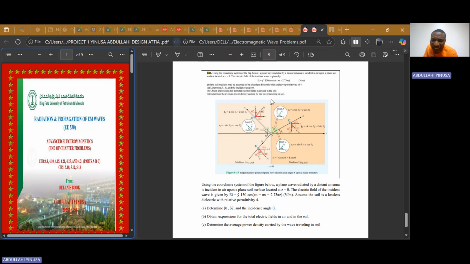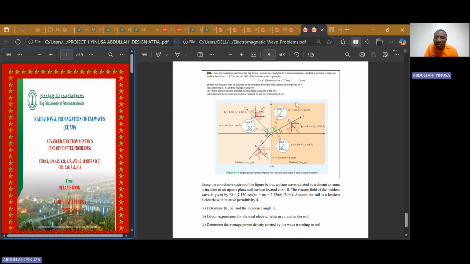So after getting H, you multiply the answer for H by E, and you divide by half. That's the average power density traveling in the soil. In the soil, our eta is going to be in the first medium or the second medium? In the second medium, because they ask us to find it in the soil. The answer is going to be eta naught over square root of epsilon r.